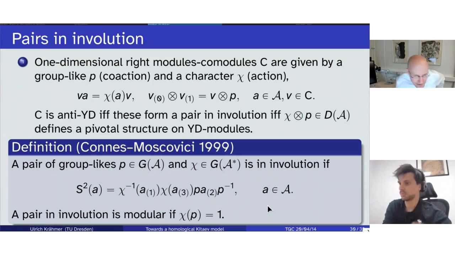Now, so Connes and Moscovici, as I said, they were coming from a completely different angle. So they were looking at noncommutative geometry and index theory in the setting of Connes' noncommutative differential geometry, and they associated certain universal Hopf algebras to foliations.